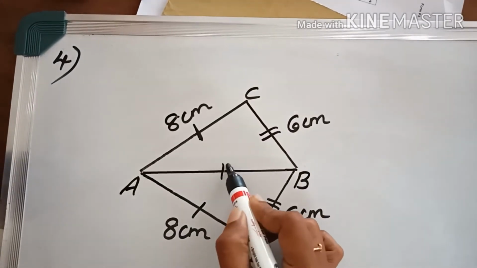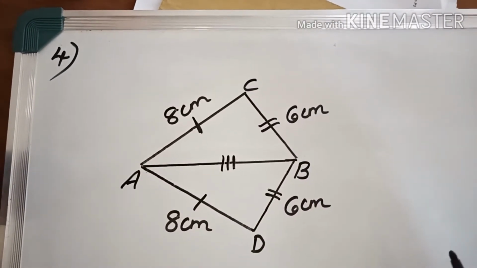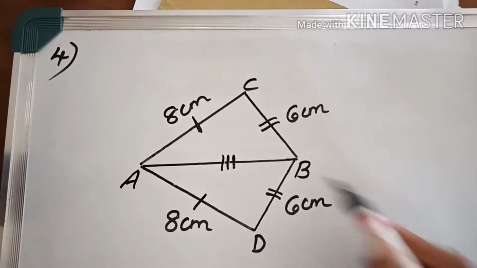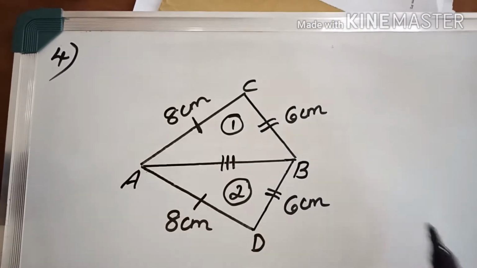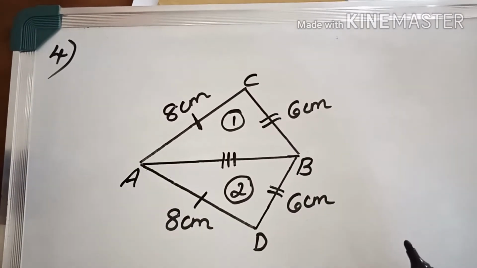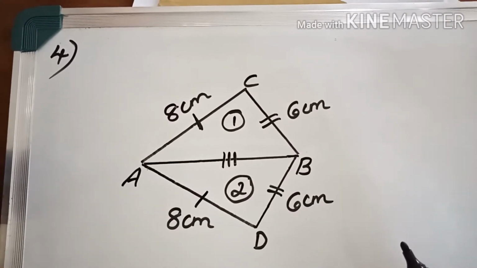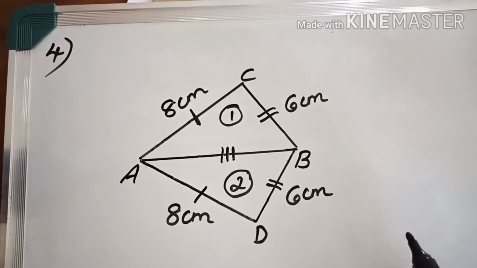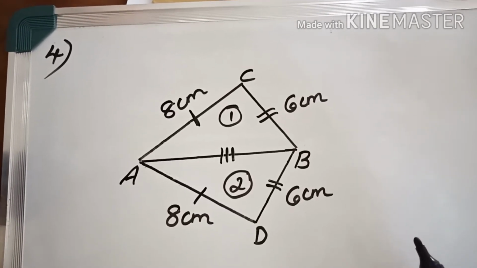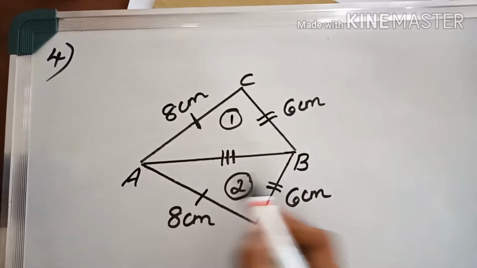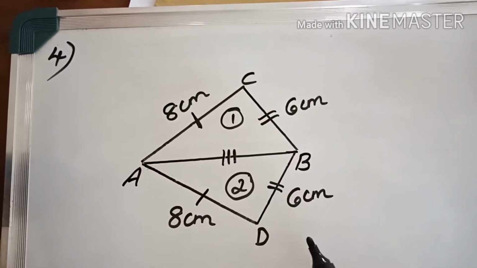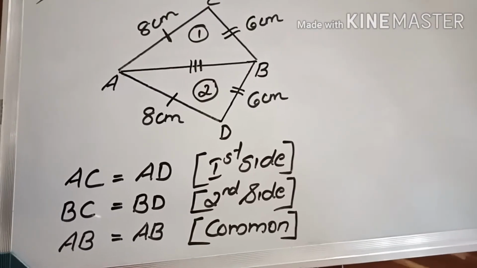So we can say that the third side is also the same. That means these two triangles are equal triangles because all three sides are the same. If three sides are the same, all three angles will also be equal. That is the answer.